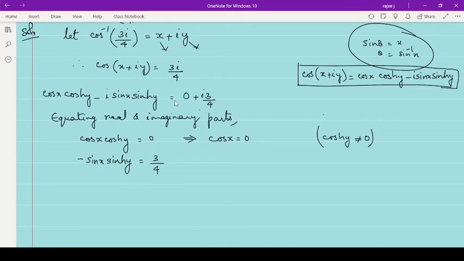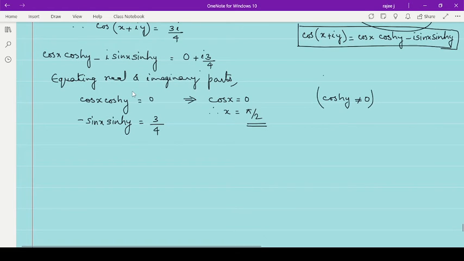Now cos x equal to 0 means what? Which angle of cos will give you 0? 90, very good. So x is equal to 90 degrees, pi by 2, because cos 90 is 0. Now here minus sin x sin hy equal to 3 by 4.